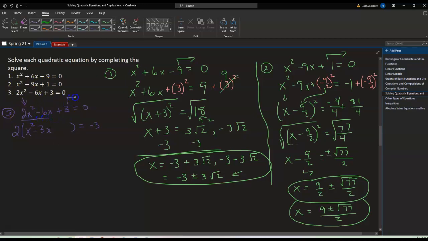Okay, I'm going to go ahead and move the 3 over by subtracting it, but I'm going to factor out a 2 so that now this coefficient here is a 1. Now what I'm going to do is, well, let me put this in a different color because I have been doing that. I'm going to take half of negative 3, and I'm going to square it. And I'm going to add it in on both sides.